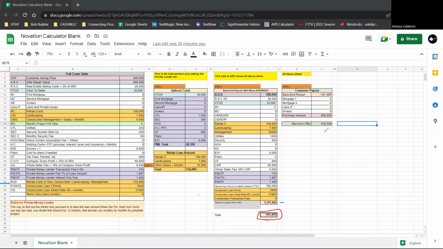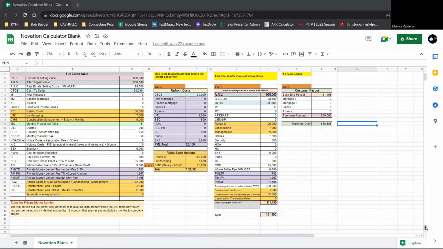So we're under $161,000. So in this case, we would have to go back to the seller and try to work out a better deal. So we don't have to squeeze our numbers around too much, try not to move anything from our profit side of the deal.